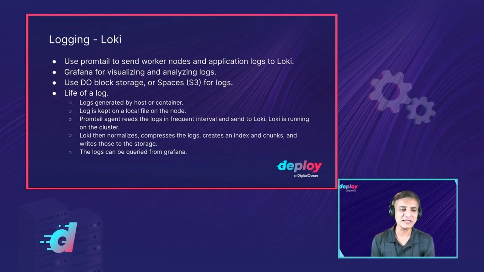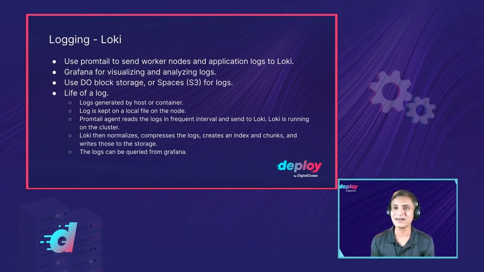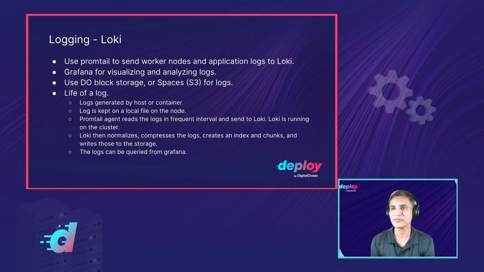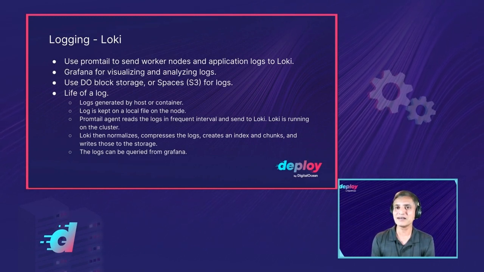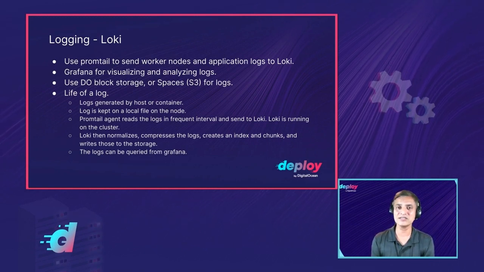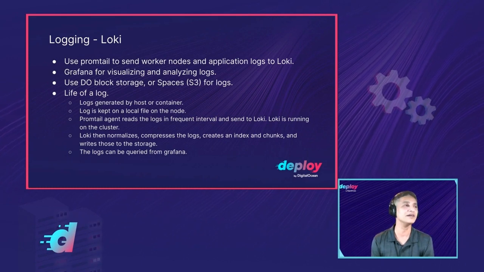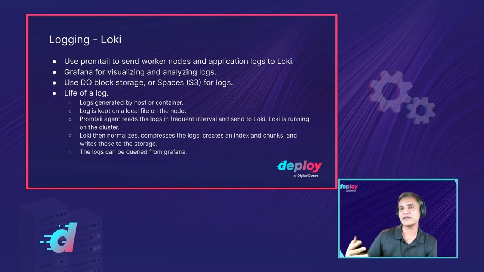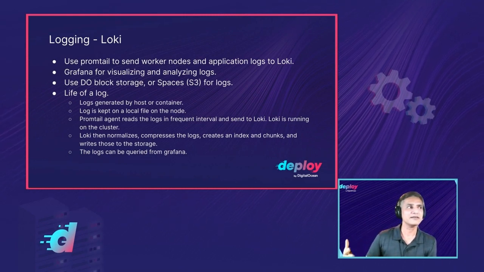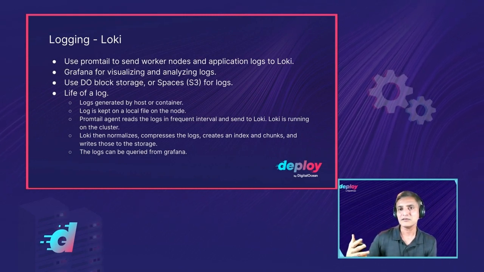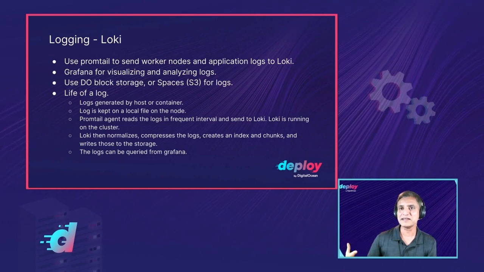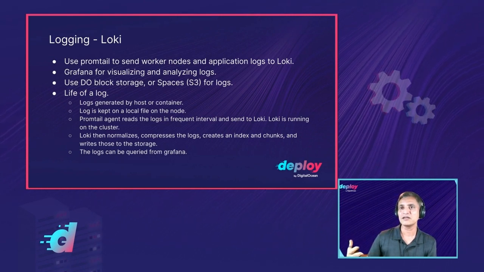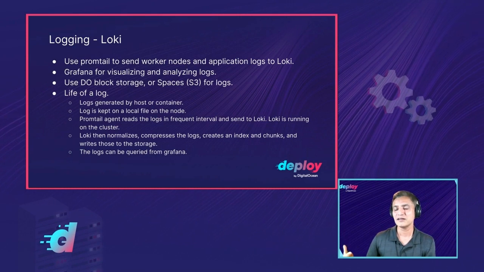Logging is a big pain that I see with a lot of our users, and I've seen that in my past life as well. The good news is that there are products like Elasticsearch, which are proven. They've been there for a long time when it comes to logging. And in recent years, in 2019, Grafana Labs released a product called Loki.